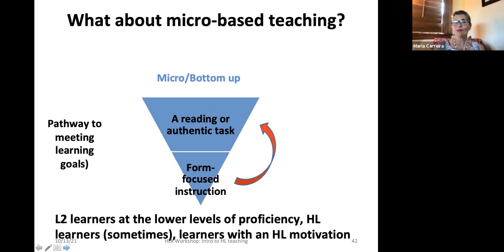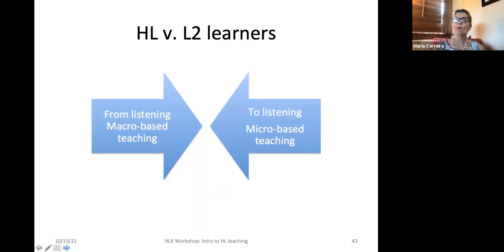Micro, well, L2 learners at our lower levels of proficiency. HL learners, sometimes they're at a very low level of proficiency. And forget learners with an HL motivation. It's not important right now, right? But again, the point is we have now added another area of contention or discrepancy between how we teach HL learners and how we teach L2 learners.